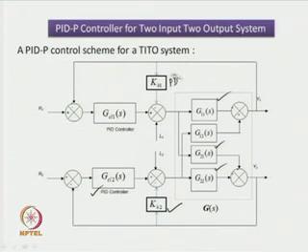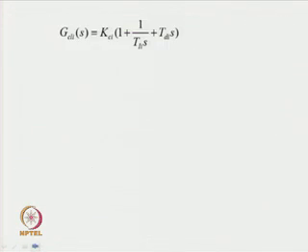For ease in analysis, one can represent this PID-P controller scheme in some convenient form. First, we shall assume a specified form of the PID controllers. Let the PID controller be represented in the transfer function form as given over here.